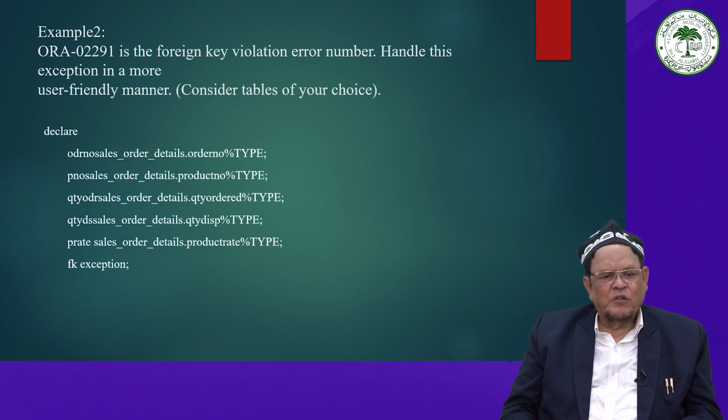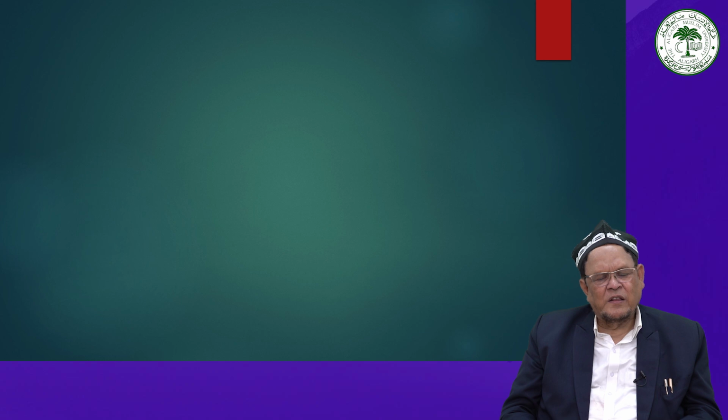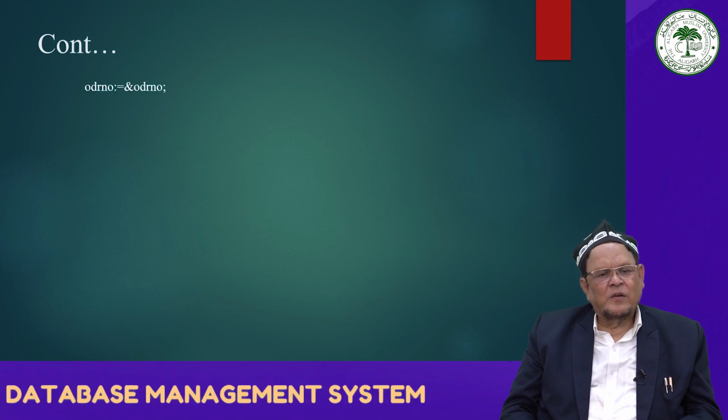Then foreign key exception. Then PRAGMA EXCEPTION_INIT within brackets you have to write fk comma -02291 within parenthesis, then semicolon, then the begin. Order number is equal to &order_number. We can store product number, quantity ordered equal to &quantity_ordered.